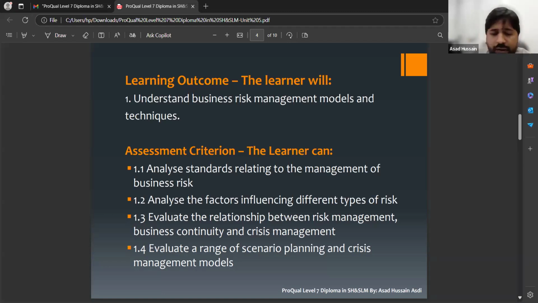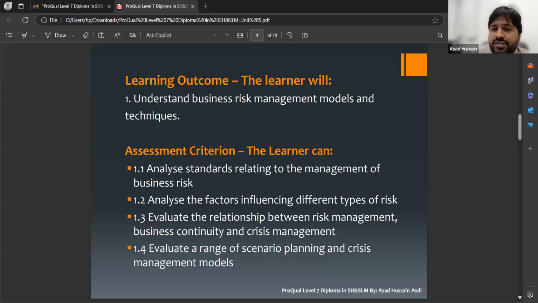So in the second one we have 1.2, analyze the factors influencing different types of risk. At this level I don't have to explain what risk is, because you are doing a level 7 qualification. But just as a reminder, risk is equal to likelihood into consequences or severity.